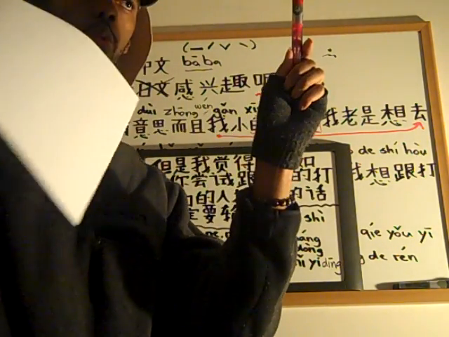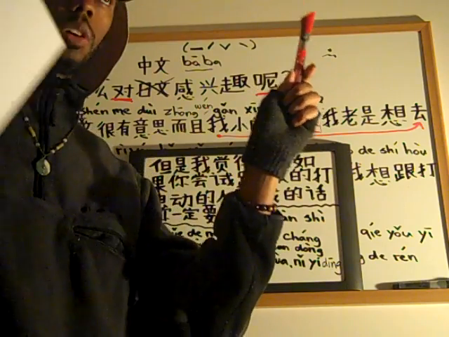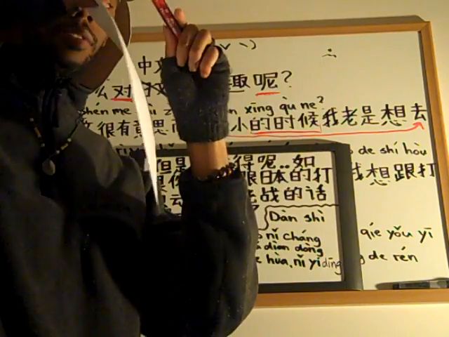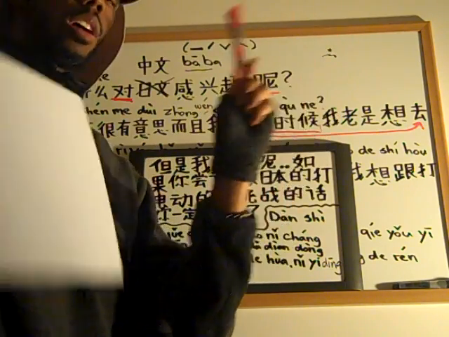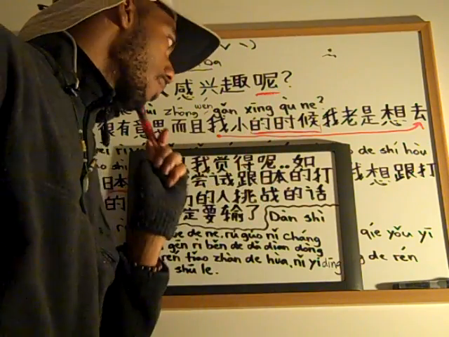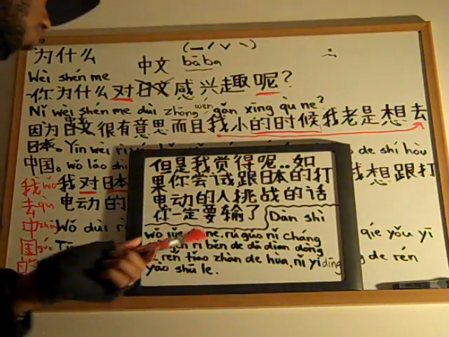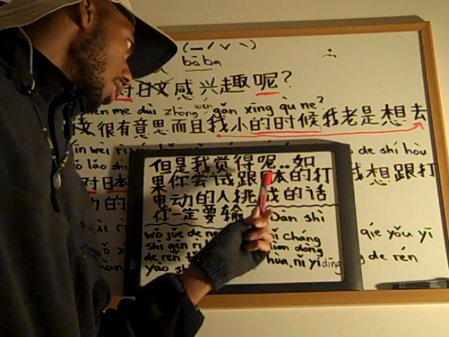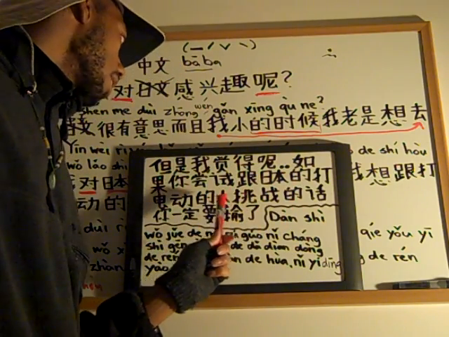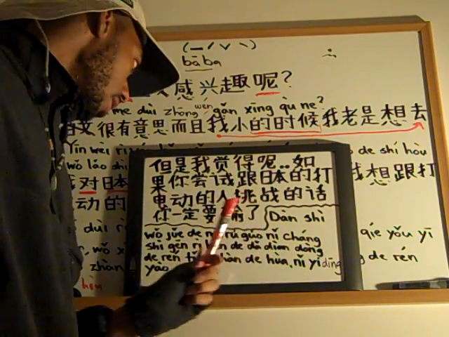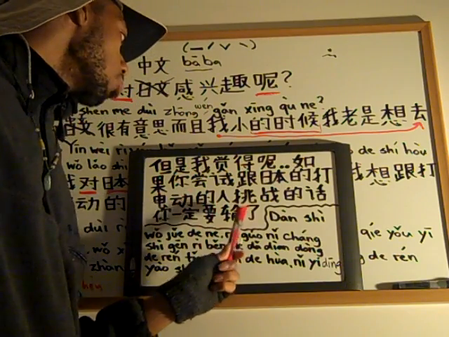Two go together: 如果 and 的话. You just put whatever you want to say: if this happens, 的话. 如果我去中国的话, if I go to China. Okay, so let's see: 日本的打电动的人挑战的话你一定要输了.